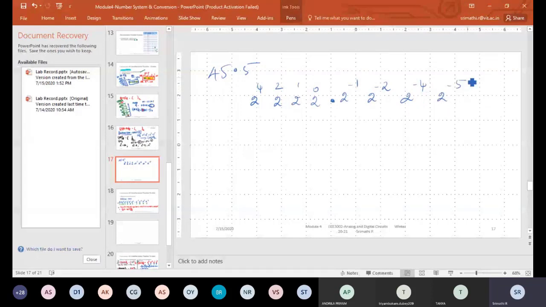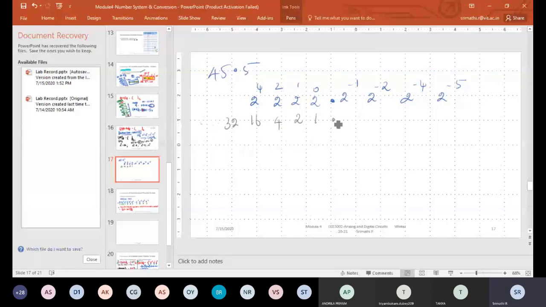Okay. So 2 power 0, we'll be having it as 1. Equivalent value, I'm writing it down. So this is 1, this is 2, this is 4, this is 8, 16 and 32 and it goes on.